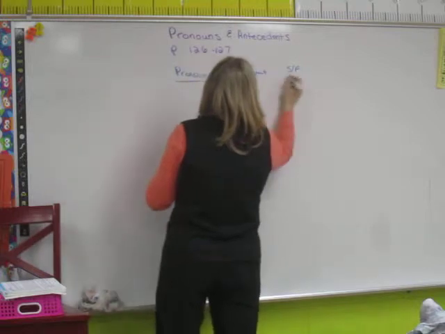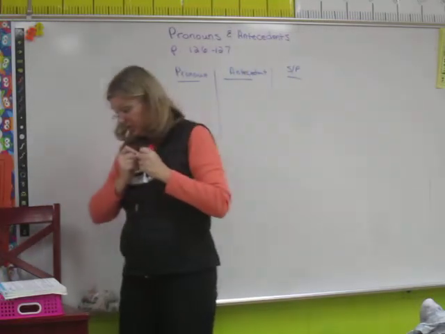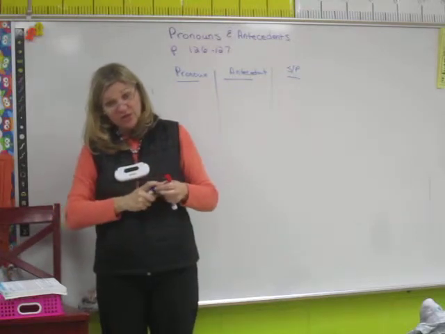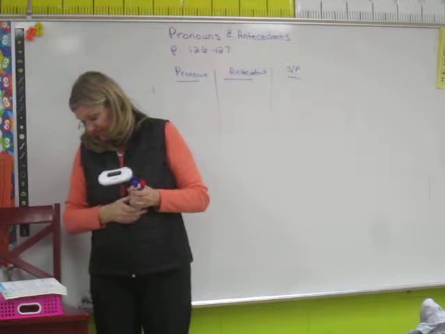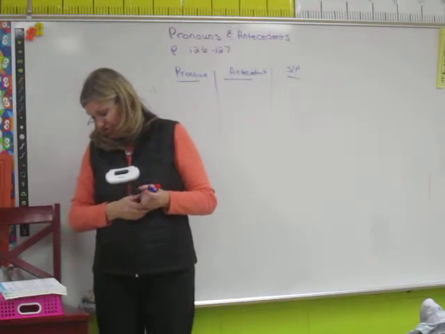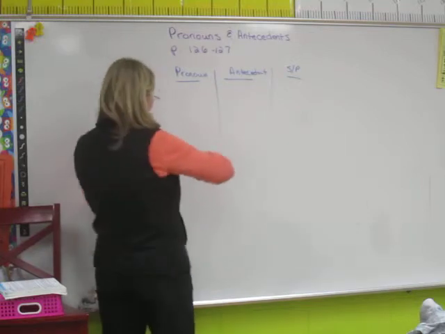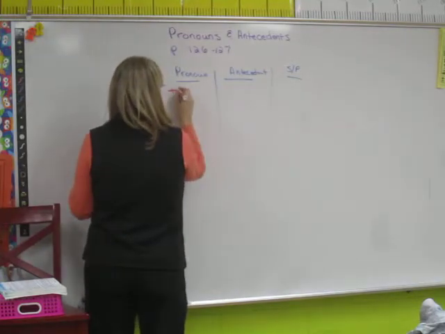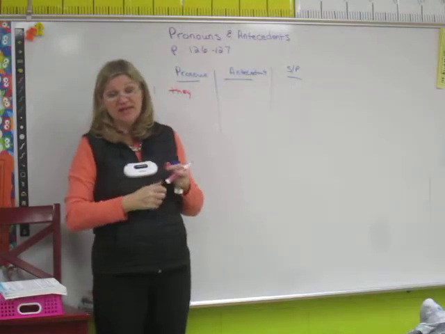All right, so here we go. And again, you don't have to do number 1 because I'm doing it for you. So this is how we attack it. I take a look at sentence number 1 and I look for the pronouns. It says the fires spread fast and they were soon out of control. So my pronoun is they. So I write they down. The antecedent is the word they is taking the place of.